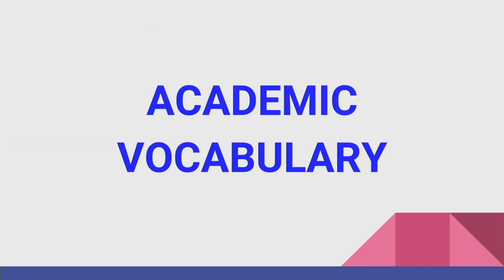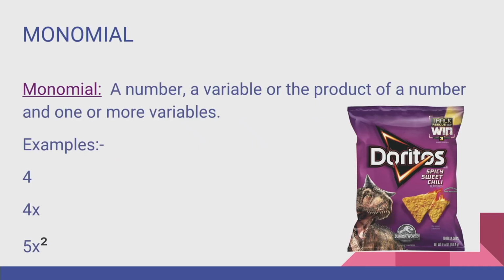So now let's start with academic vocabulary. What vocabulary do you need to solve polynomials? We have spoken about how poly means many and nomial means terms. So what does one thing mean? For example, if you have a packet of Doritos, it is one.